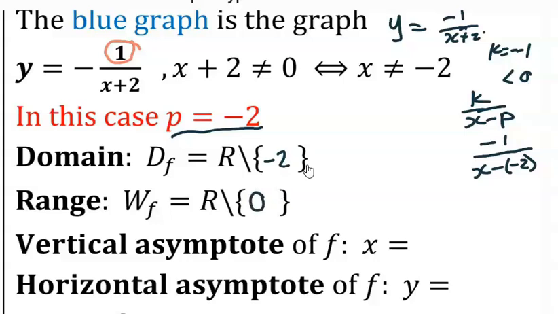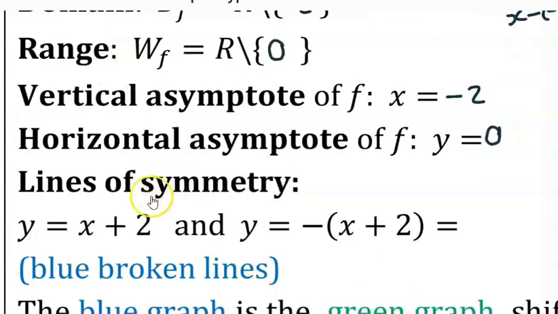So again, y equal to 0, or the x-axis, is my horizontal asymptote, and my vertical asymptote is x equal to minus 2. The lines of symmetry are, in place of x I write x plus 2, and in place of minus x I write minus bracket x plus 2, and that will give me minus x minus 2. And we will look at the graph just now.